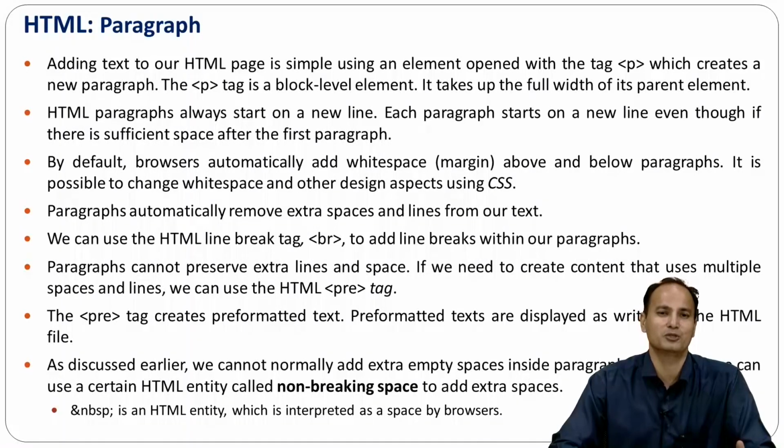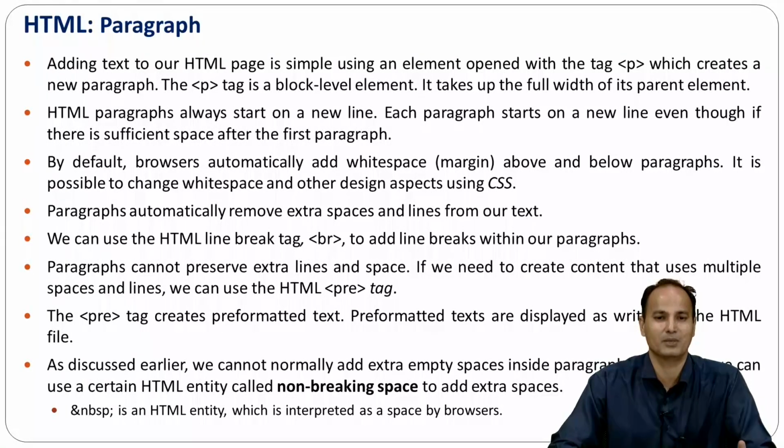It is possible to change white space and other design aspects using CSS. So using CSS we can modify it. Paragraphs automatically remove extra space and lines from our text. We can use the HTML line breaking tag, that is BR, to add line breaks within our paragraphs.